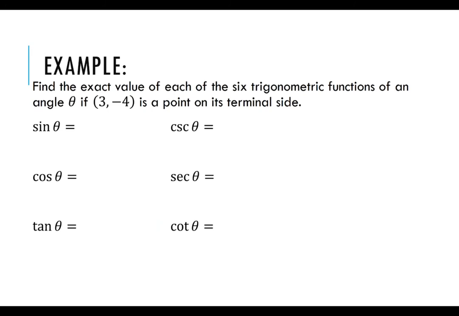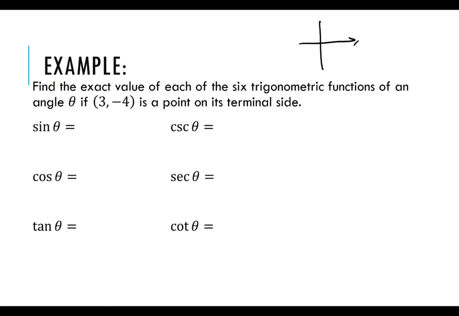Now let's try this in practice. We want to find the exact value of each of the 6 trigonometric functions of an angle theta where (3, -4) is a point on the terminal side of that ray. So I would say, let's sketch it. XY coordinate plane, got an origin there.